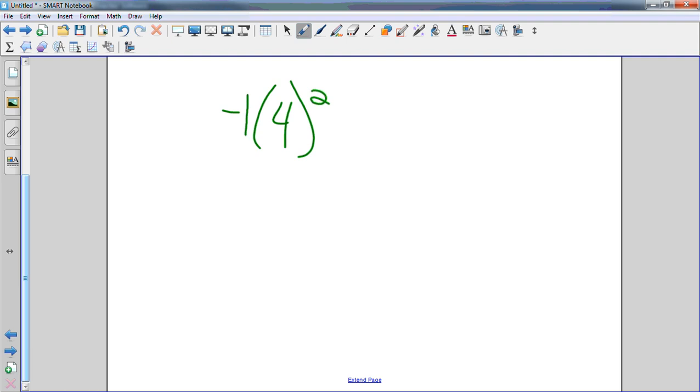This is just like saying -1 times 4 times 4. So if you have one -1, an odd number, am I going to have a positive or negative? I'm going to have a negative. So this is going to give me -16. You see the difference?